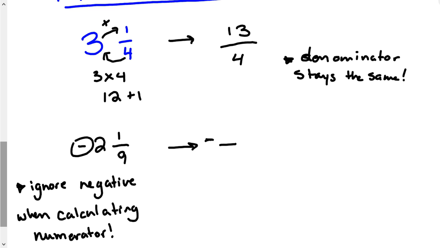So then this just becomes 2 times 9 plus 1, so 19 over 9.